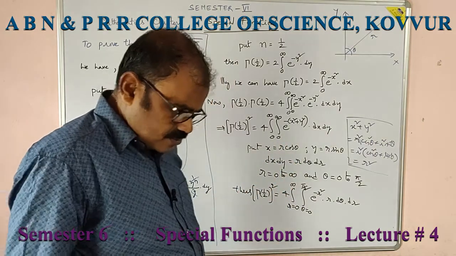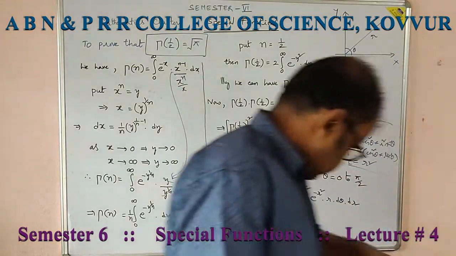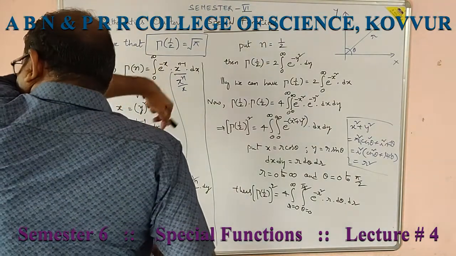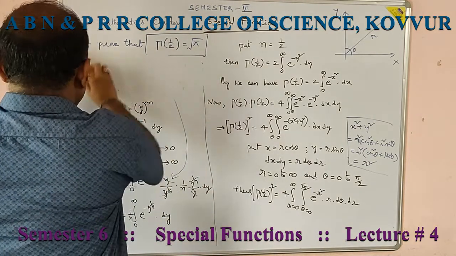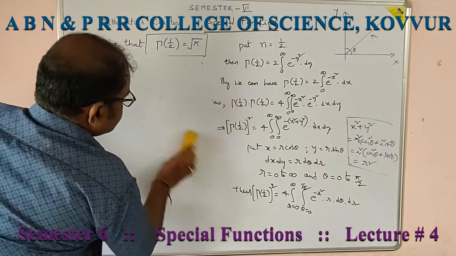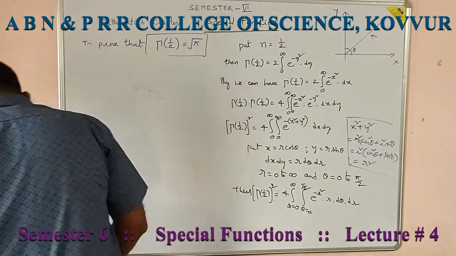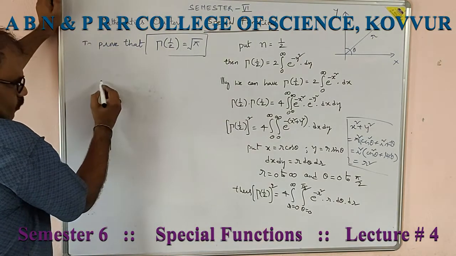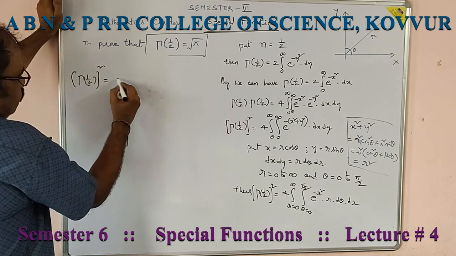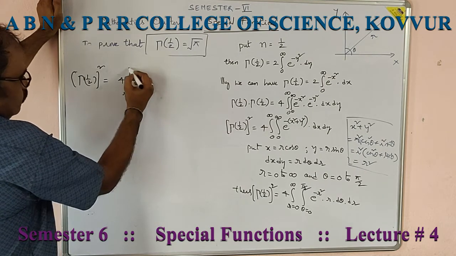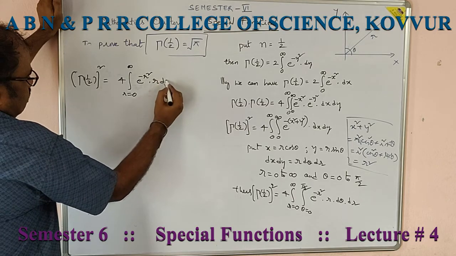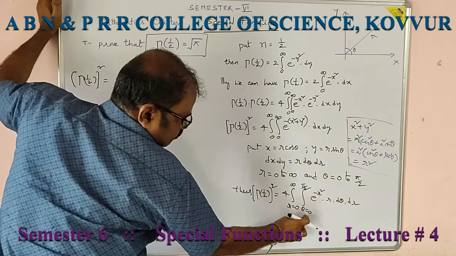We shall integrate this integral. 4 into gamma 1 by 2 whole square is equal to 4 into, r from 0 to infinity, e to the power of minus r square r dr. I am integrating d theta from theta is 0 to pi by 2.